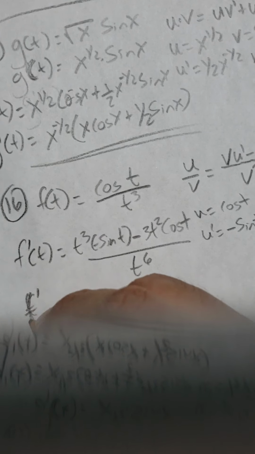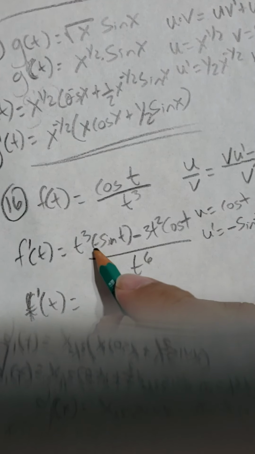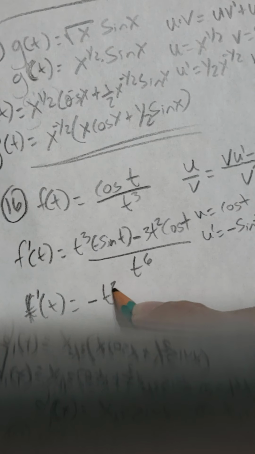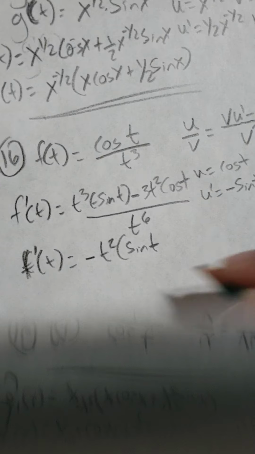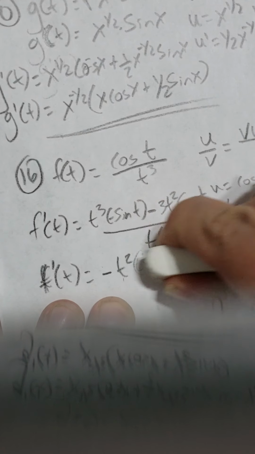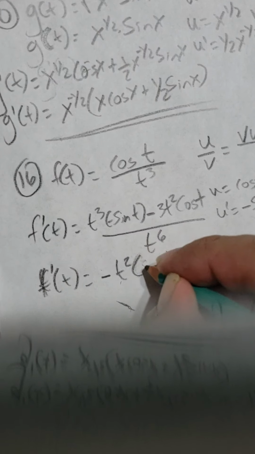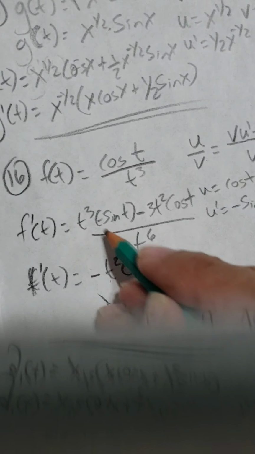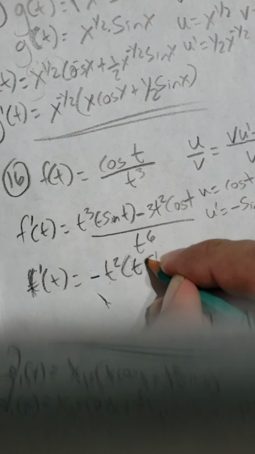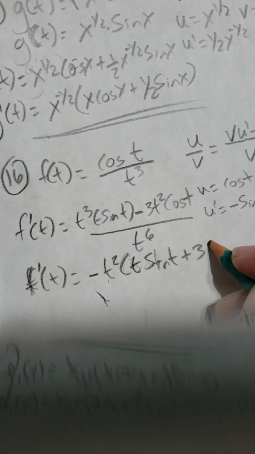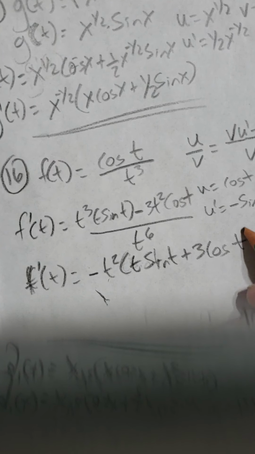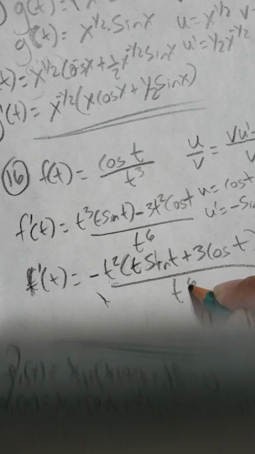But let's take the common factor here. I will take the negative outside also, and t to the 2nd power outside. Here we will have t times sine of t, because what is left if I take t to the second power out of t to the third power is t, plus 3 cosine of t, over t to the 6th power.